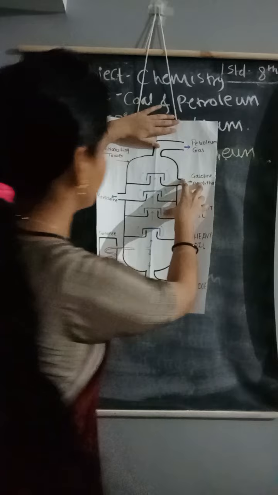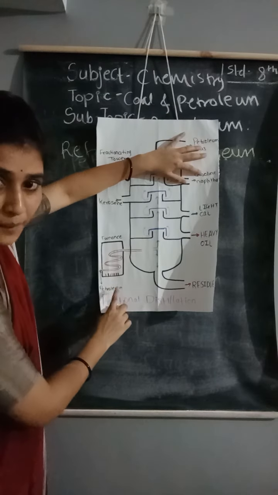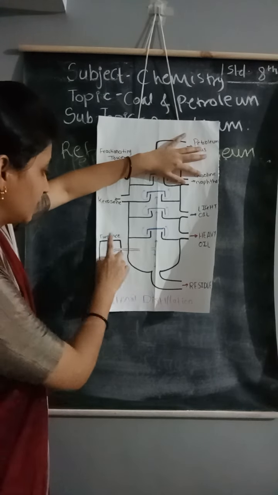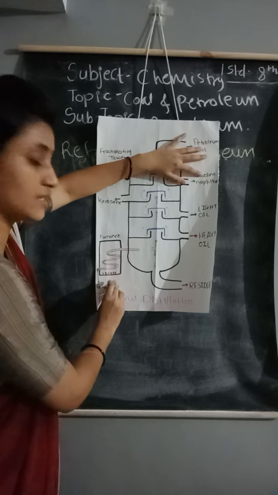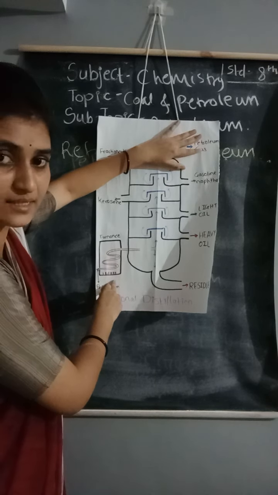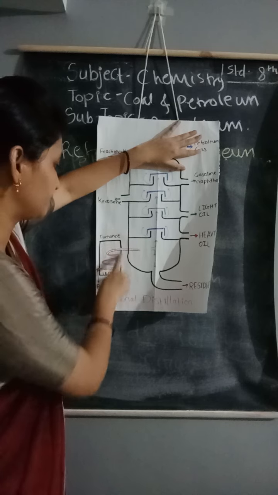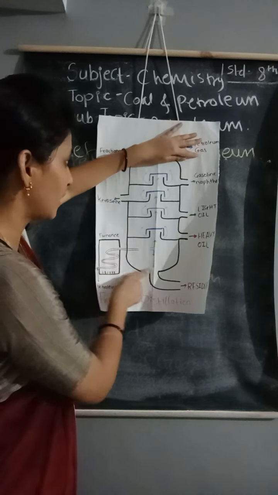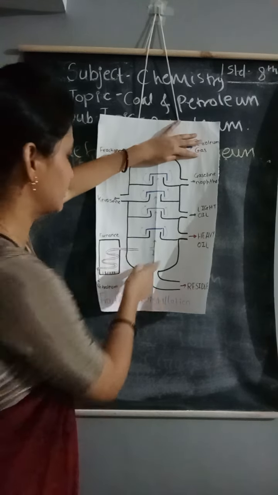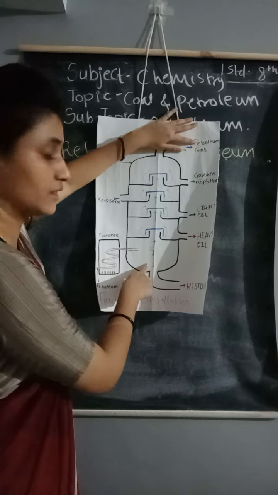Then what is refining? The separation of fractions by the fractional distillation process is the refining of petroleum. See here, first petroleum is heated at 400 degrees Celsius in a furnace. The crude oil is present here first.